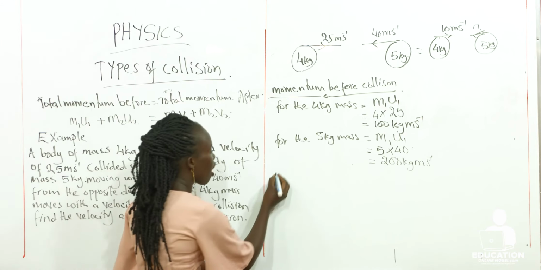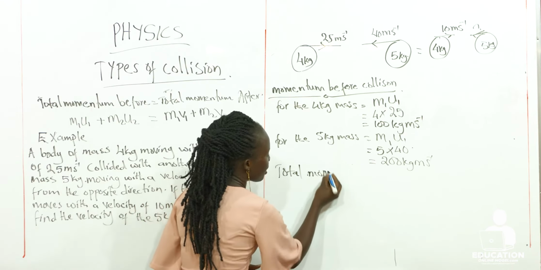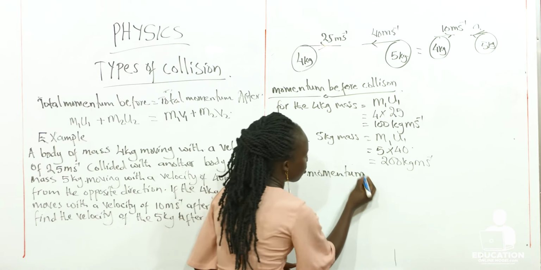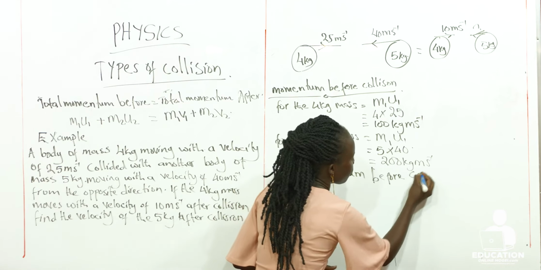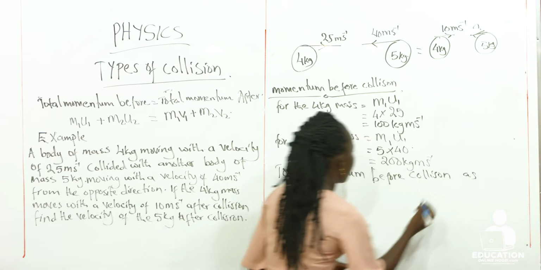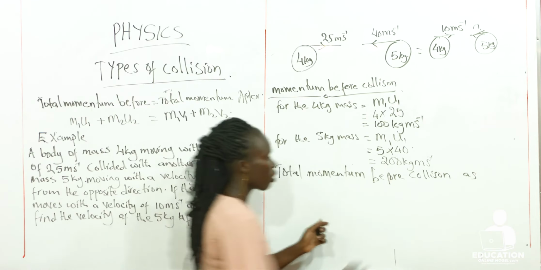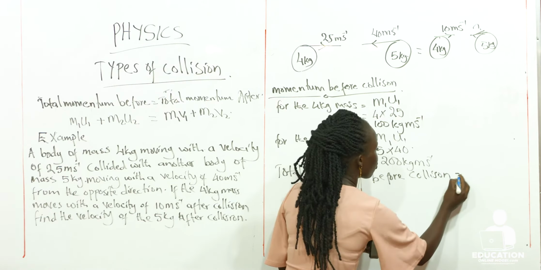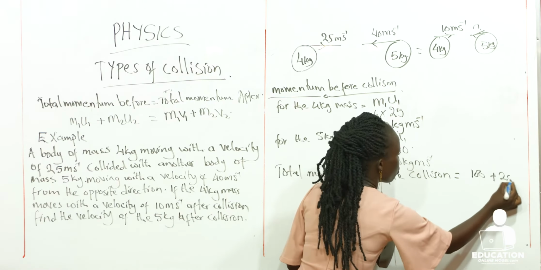So we shall have our total momentum before collision as the momentum of this and then this. So we are going to add the two, which will be 100 plus 200.